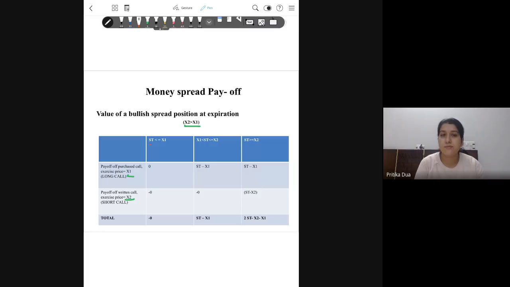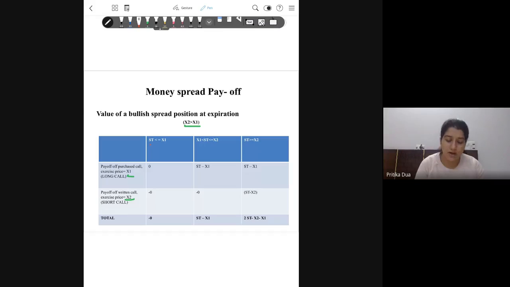So the price at which you have entered the long call is higher than the price in the market. Let's say for example X1 is 50 rupees, X2 is 55 rupees, and the spot rate in the market is 45 rupees. So the first case becomes this.